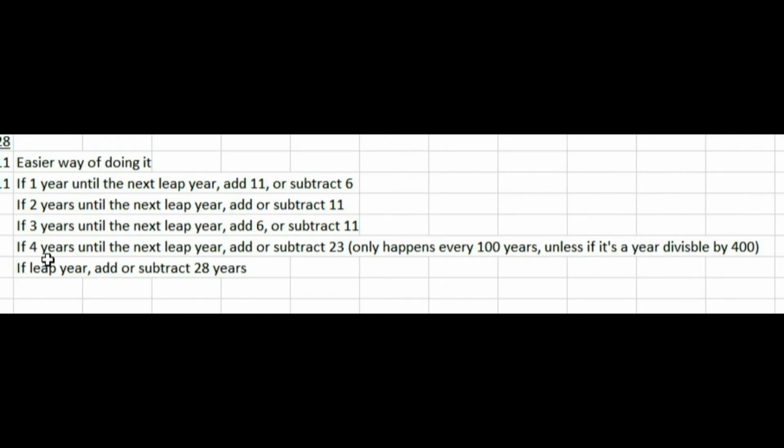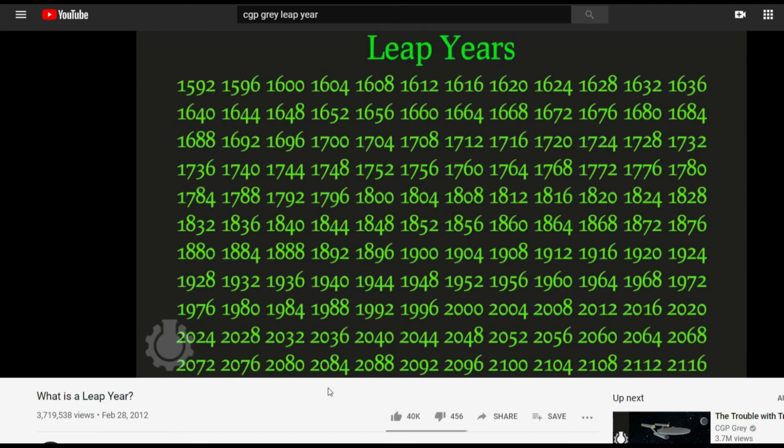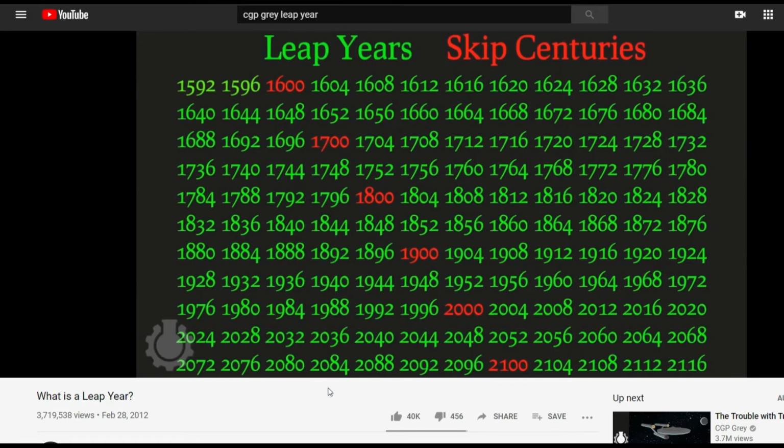If, however, it is 4 years until the next leap year, you'll need to add or subtract 23 years. Of course, this only happens every 100 years, roughly, because if you don't know, the leap year doesn't actually occur every 4 years. It occurs every 4 years unless that year is divisible by 100.